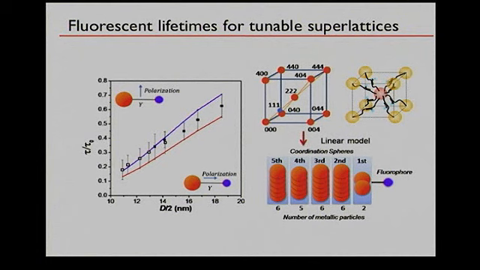More than that, we can model this type of system in more detail, taking into account how many gold particles are surrounding and at what distances they are located, and from this we can quantitatively understand this relationship.